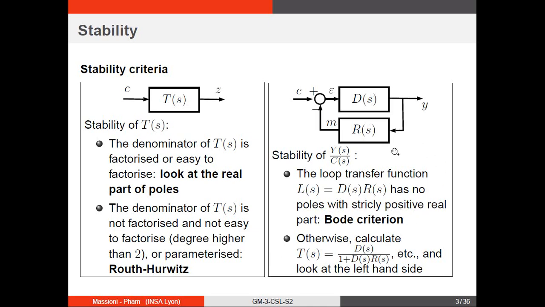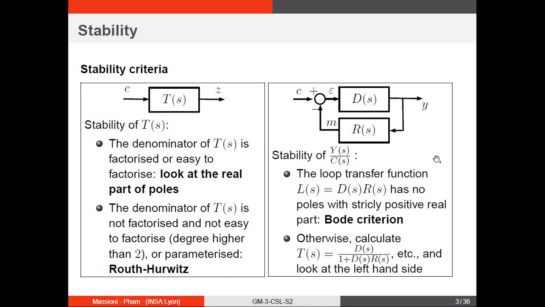This basically means computing L, the loop transfer function, as the product of d times r. Pay attention, this is true only if you have a negative feedback over here. If you have a positive feedback, then the loop transfer function would be minus dr. But in the case you have a negative feedback, it is d times r, the loop transfer function.